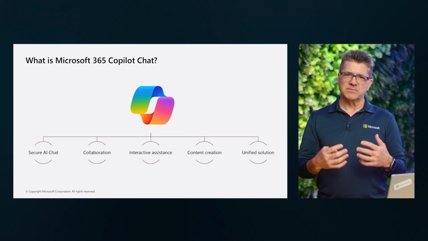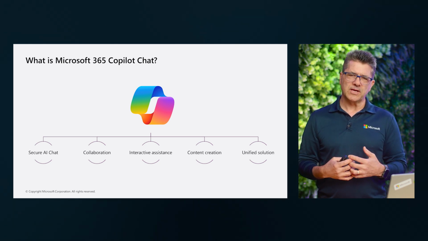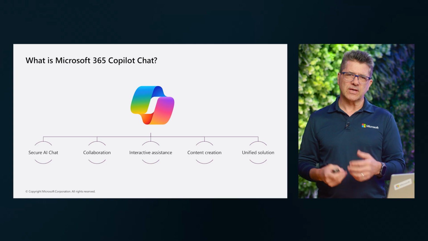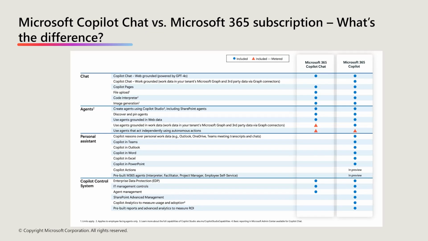Interaction. We saw in terms of the assistant, we saw in terms of content creation, content moderation, and unlimited ways for us to be able to work with our AI. Important for us to know that the Microsoft Chat and, of course, the Microsoft 365 subscription are a little bit different. If you look at just the chat, Microsoft Chat by itself allows you to leverage the power of the LLM.